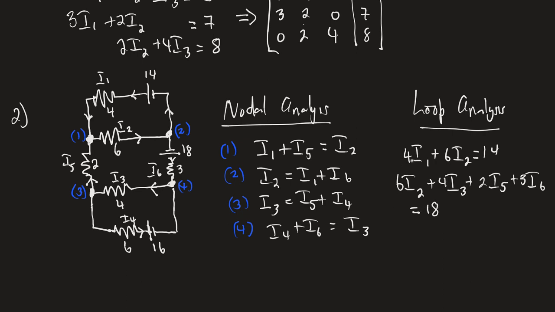So there's one equation, there's our second, and then now our third. So for the bottom loop, we'll have 2 products again. 4i3, that's this one, so 4i3, and then plus 6i4, and then that will be equal to the voltage of 16.